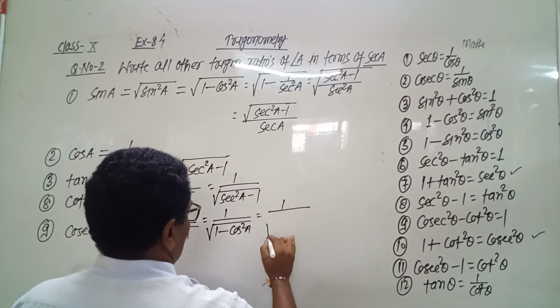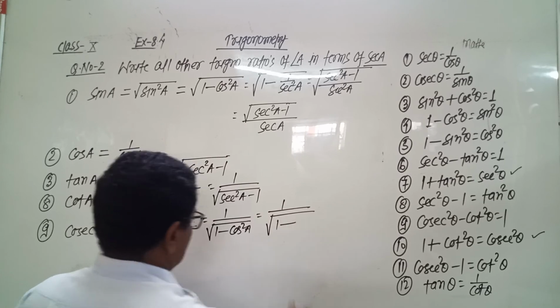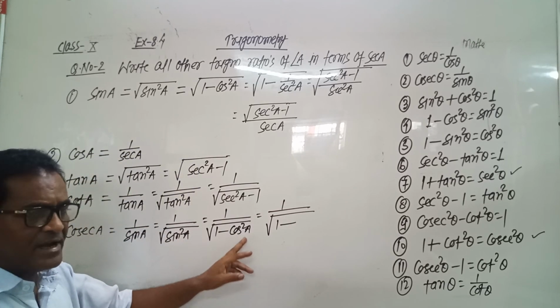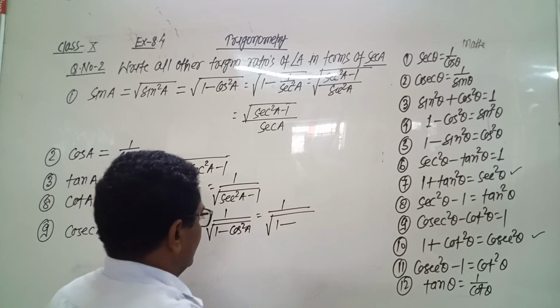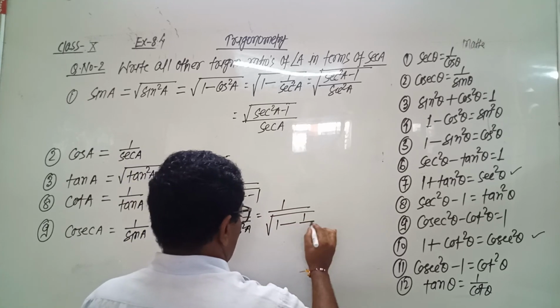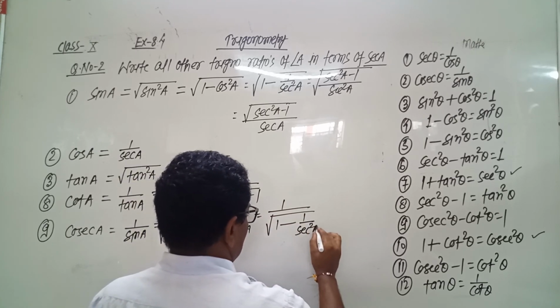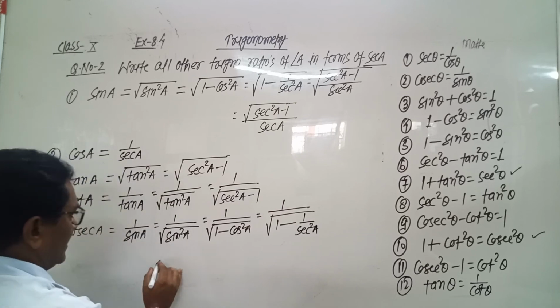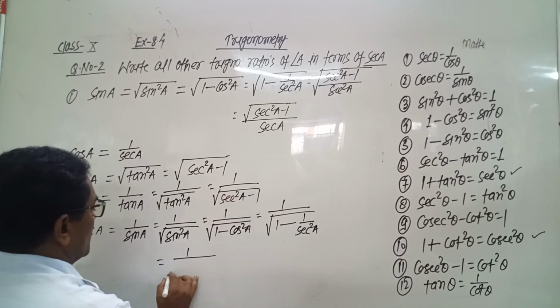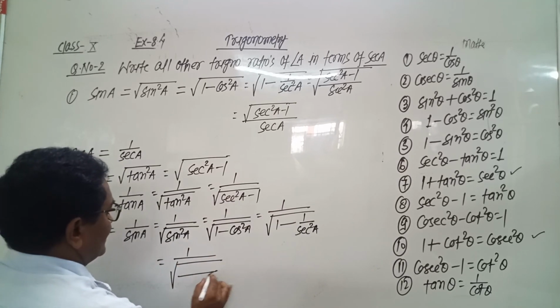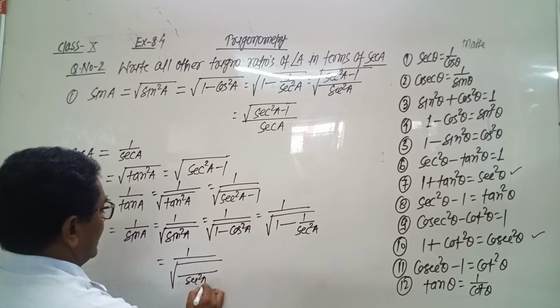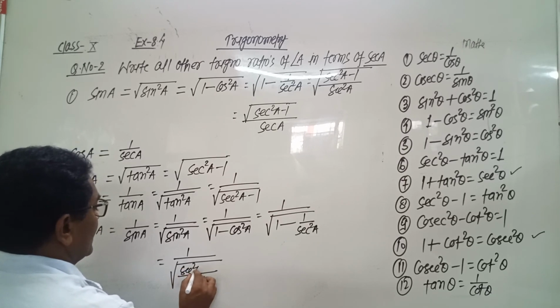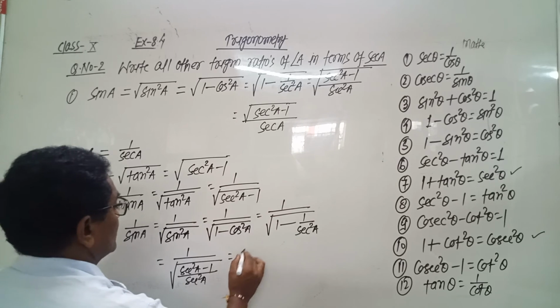So 1 upon under root of 1 minus cos square A, and cos square A is written as 1 by sec square A. Then taking LCM sec square A, it gives sec square A minus 1.